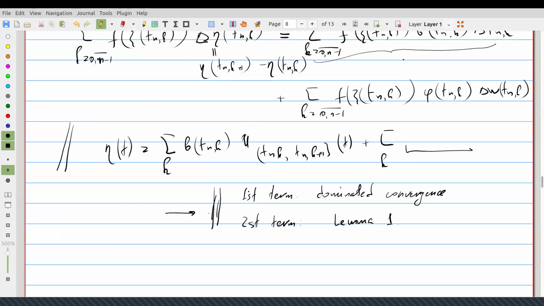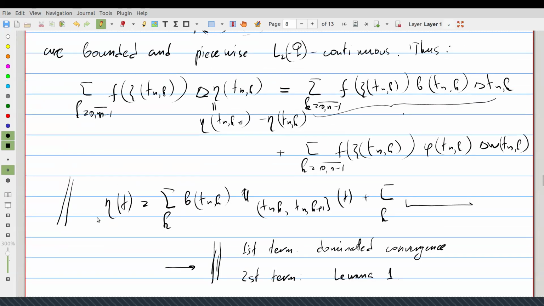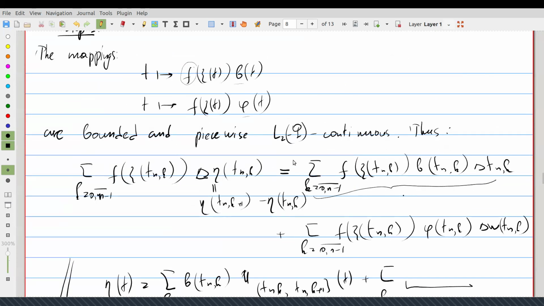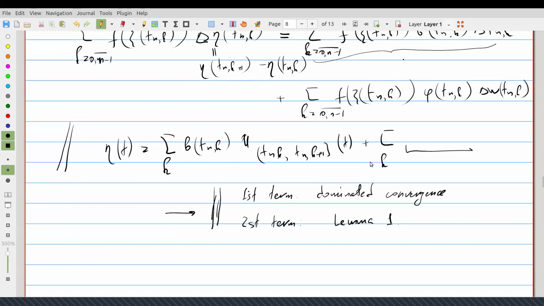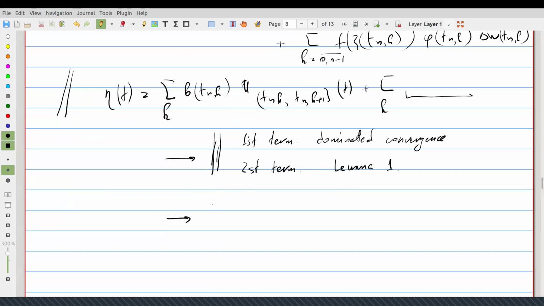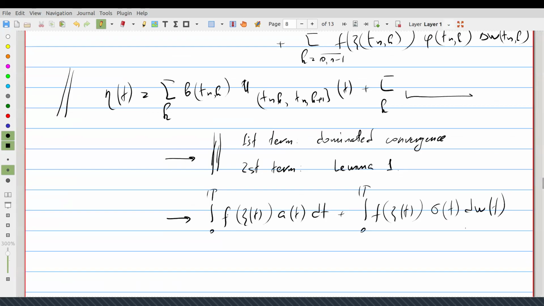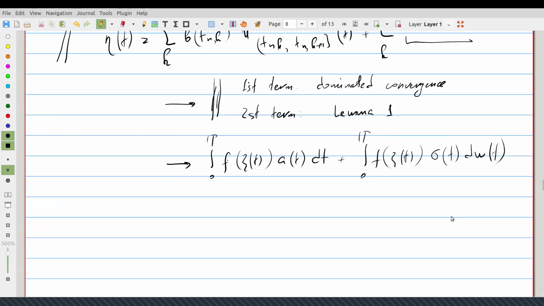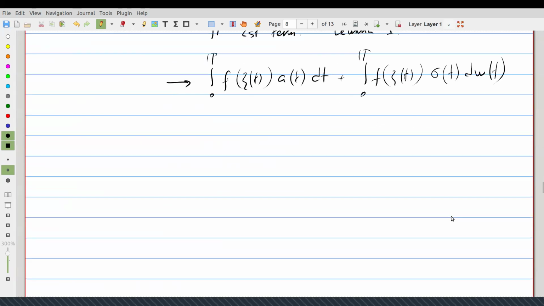So on every interval where eta is continuous, or more precisely constant, we use this lemma separately. So this is going to converge to the integral from 0 to t of f psi of t, a of t dt, plus the integral from 0 to t of f psi of t, sigma of t dW of t. So this proves the first part of the statement.